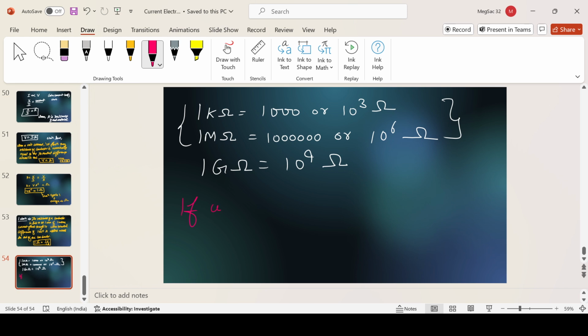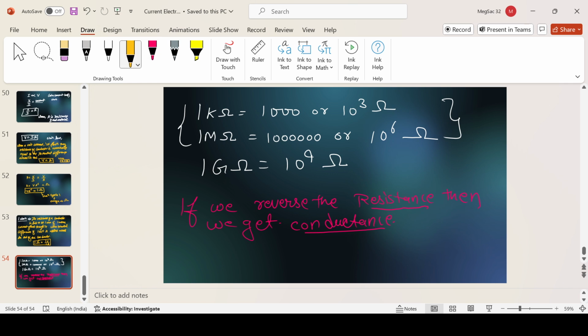If we reverse the resistance, then we get conductance. What is conductance? See, resistance brings obstacles in the flow of current. Similarly, conductance lets the current flow through the conductor.